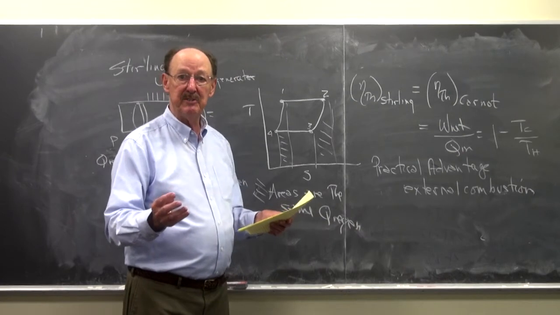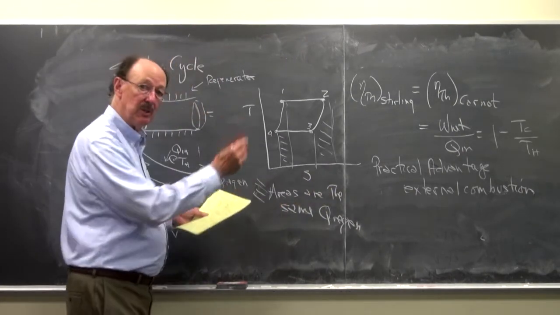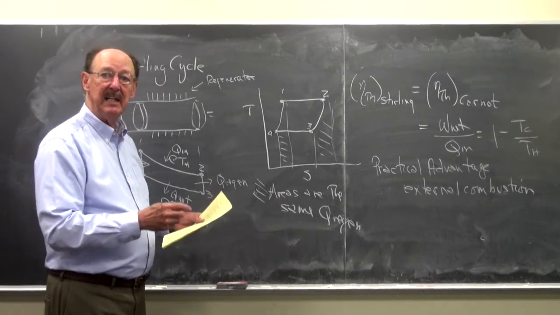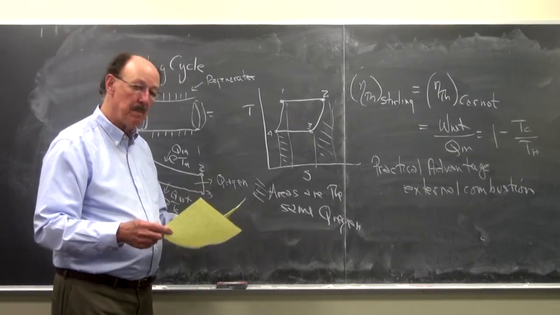I could use solar energy as a heat source. So I could use a whole variety of things for the heat source going into this, because the combustion occurs outside the engine, not within it.